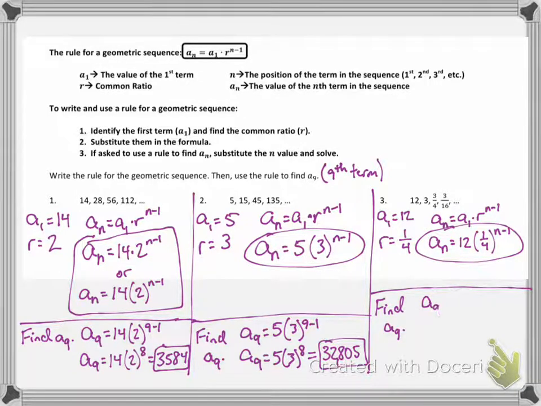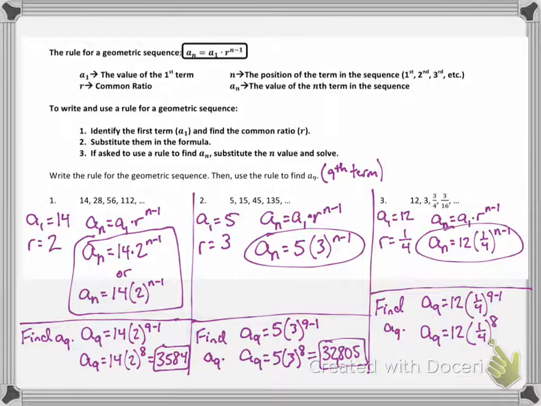So, a sub 9 equals 12 times 1/4 to the 9 minus 1 power. That would be the same as 12 times 1/4 to the 8th. Now, admittedly, I made this up off the top of my head. This gives you a really small answer.